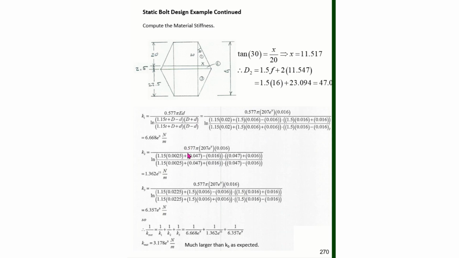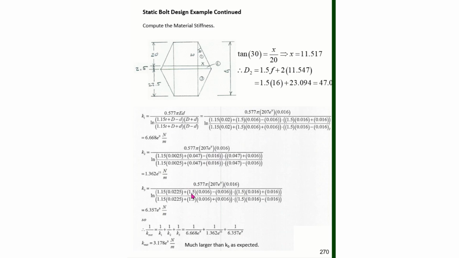So here again I have the 0.577 pi ED. Here I have the 1.15 times the thickness of this cone, which is 0.0025 meters. Then I have my big D2, which is 0.047 meters, and then little d of my bolt, and that's 0.016.